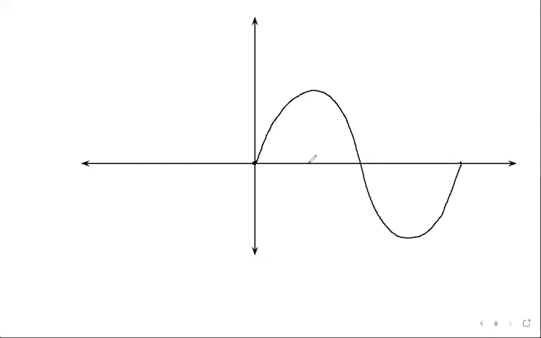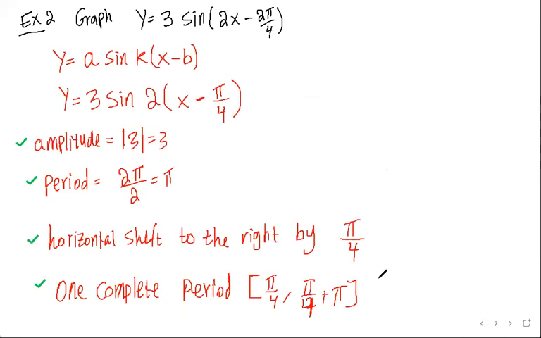This is 0, pi over 2, pi, 3 pi over 2, 2 pi. This is the first step. Here, the value is the amplitude. The amplitude is 3.